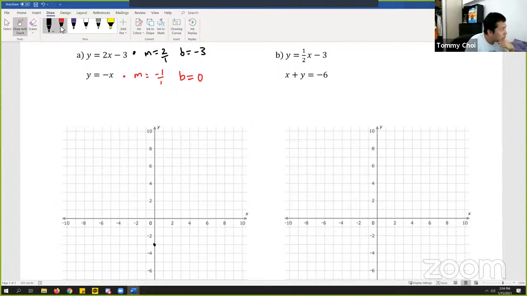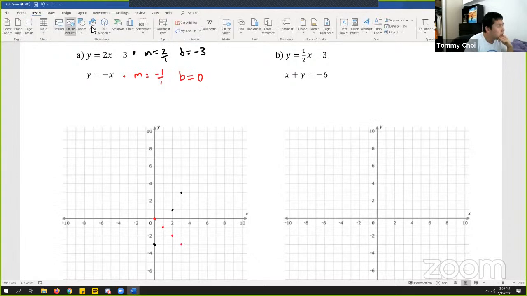And then we can draw our point. So 2 over 1 is the slope, so the rise is 2: up 2, right 1, up 2, right 1, up 2, right 1. And so we have our line there. For our second one, we start at the y-intercept of 0, which would be the origin, and then negative 1 over 1. So down 1, right 1, down 1, right 1, down 1, right 1.